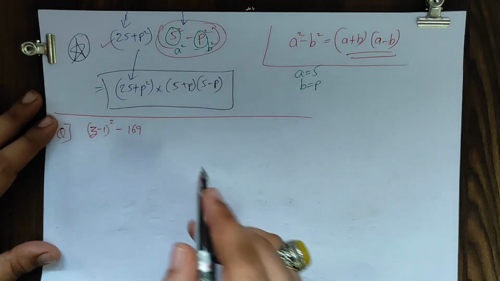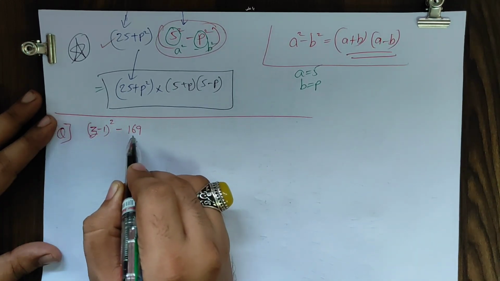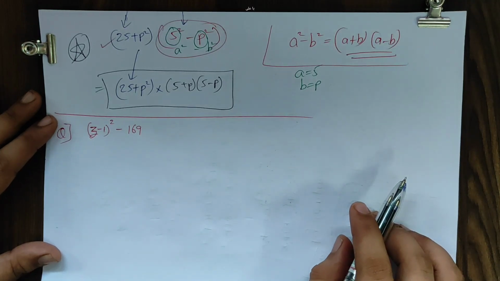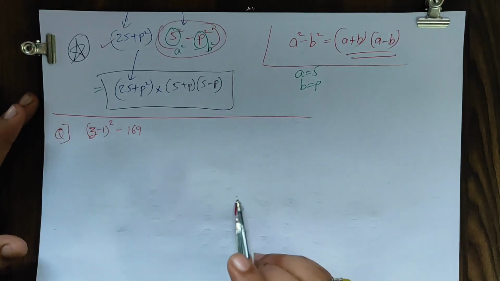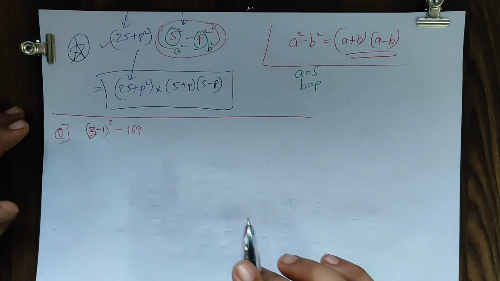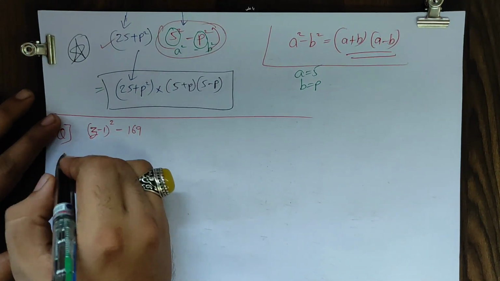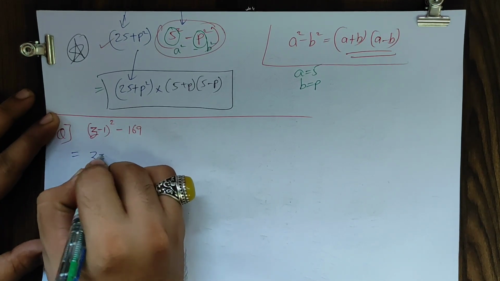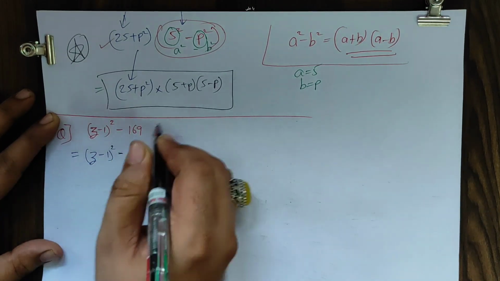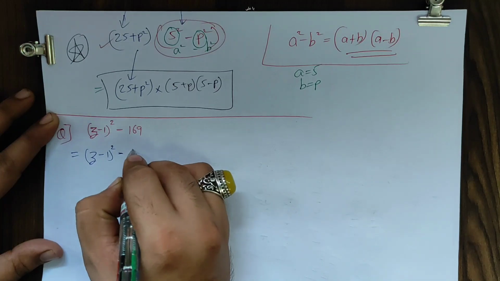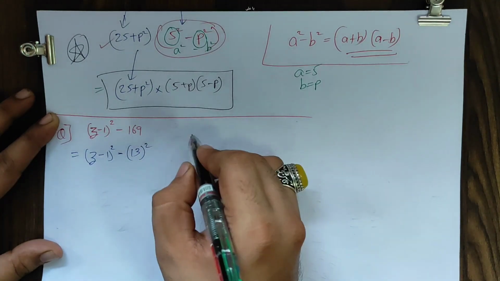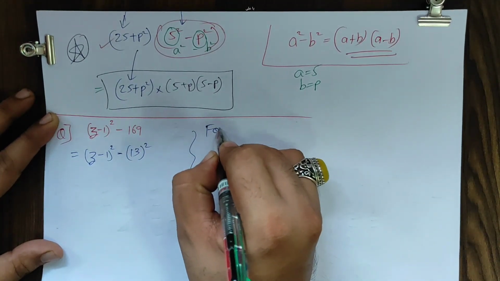I can see that I have a square on one term, but here it's 169. And we all know that 169 is a perfect square. Can I say it's the square of 13? So now what I'll do is copy this as it is, z minus 1 the whole square minus 169, and I can write it as 13 square. And what's our formula?